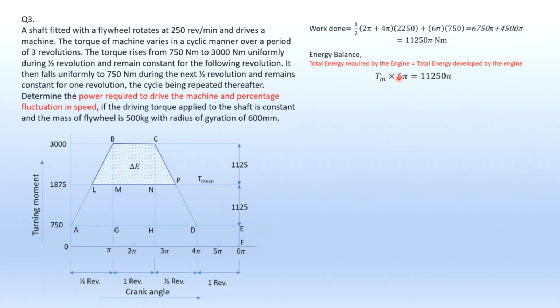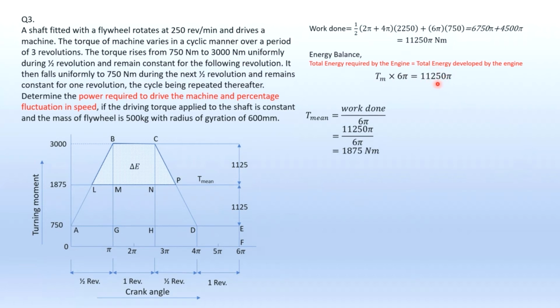Therefore, you have Tm multiplied by 6 pi equal to 11250 pi. Cancel off the pi, and then your Tm, that means your mean resisting torque, would be 11250 divided by 6.